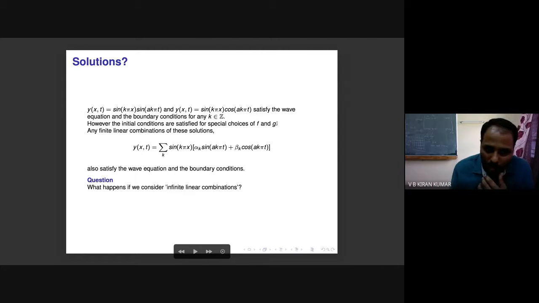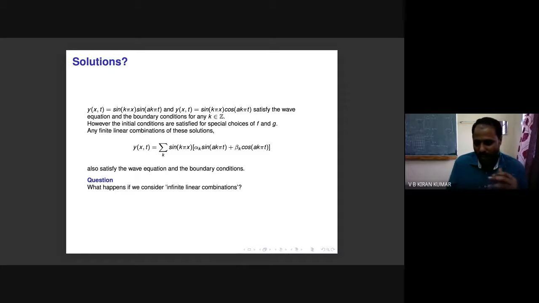For a finite linear combination, it is a solution for some special choice of f_n. So what happens if you consider infinite linear combinations? Or do they make sense? If you take an infinite linear combination, some convergence issues will come. This is the question.